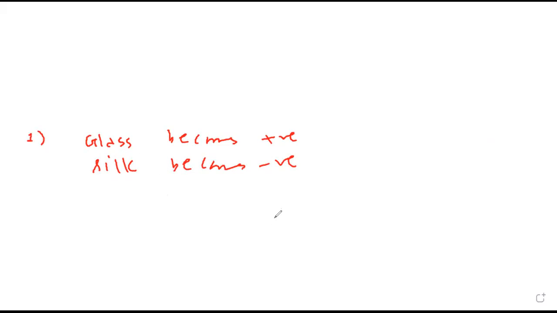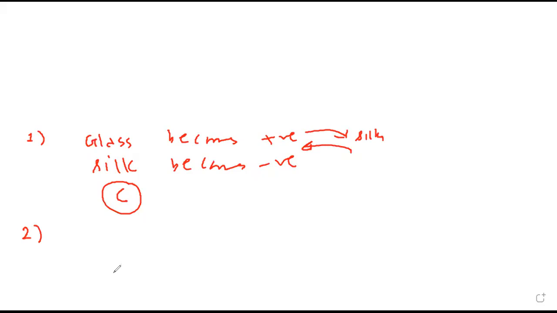Yes, sir. It will lose electrons means what? Glass becomes positive, so it gave its negative to the silk, and the silk gave its positive to the glass. C is the option. Got it? So answer is C.